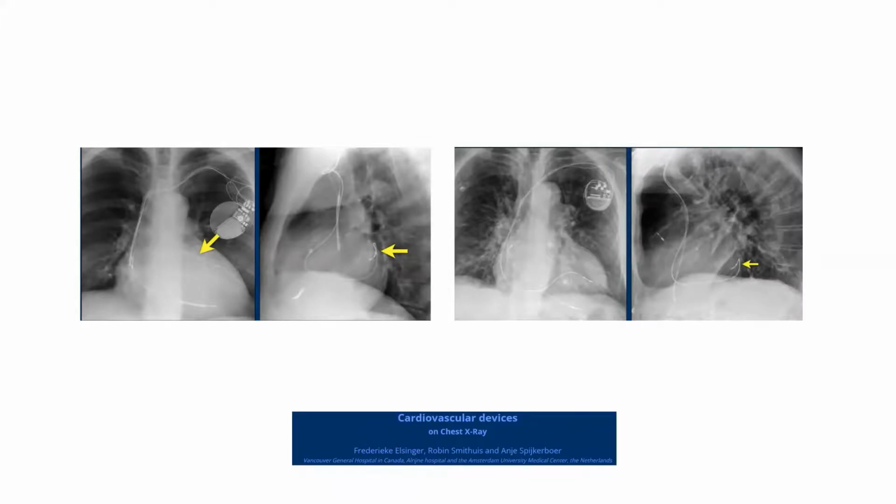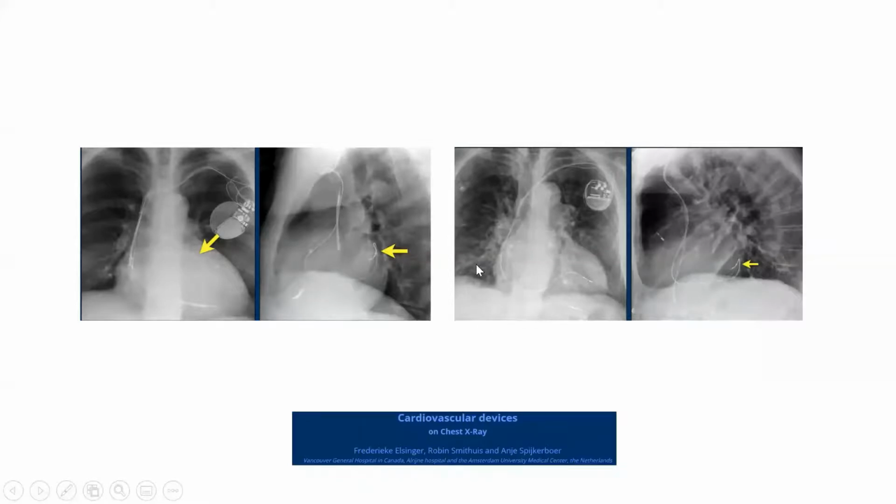So you can say it is a bivent ICD, or you could say ICD slash CRT, whichever you like to choose. But here we are seeing three leads: right atrial lead, RV lead, and coronary sinus lead. Here in the lateral X-ray, the coronary sinus lead is here, the RV lead is here, and the RA lead is here, this one. Okay?